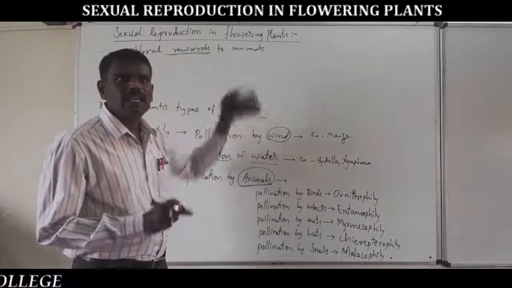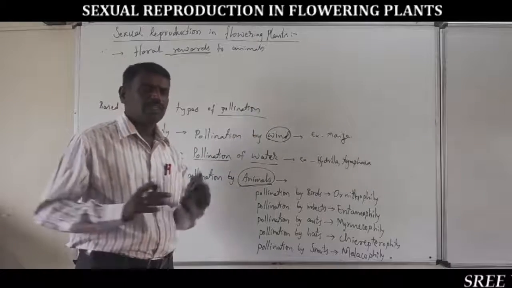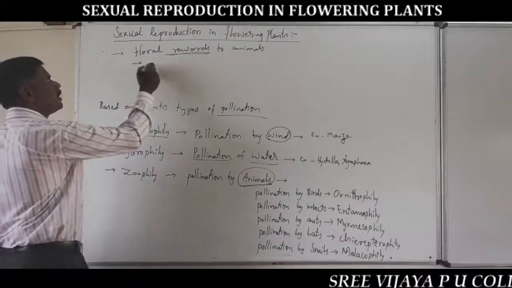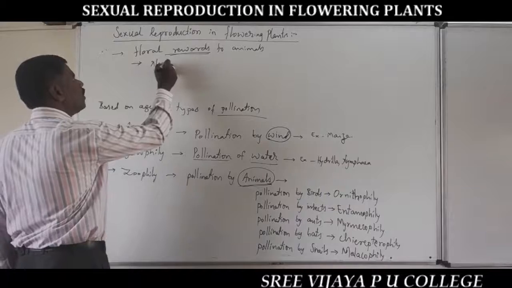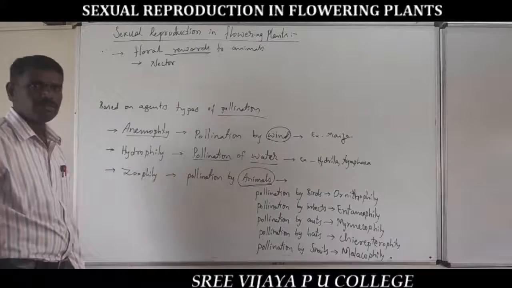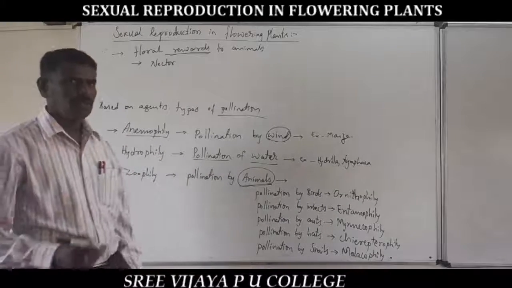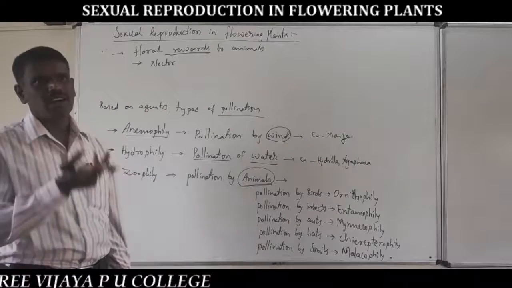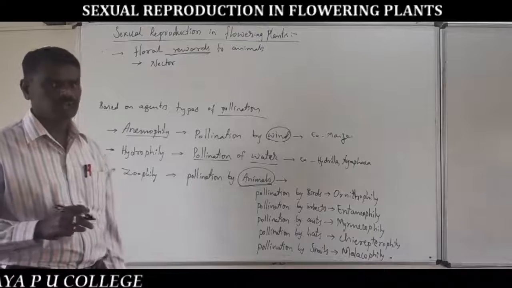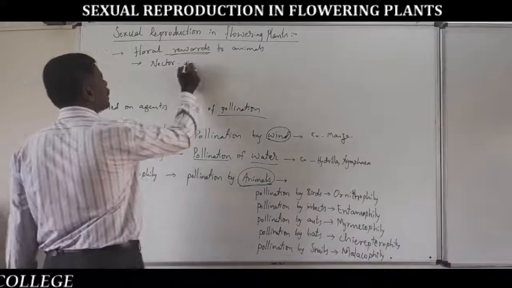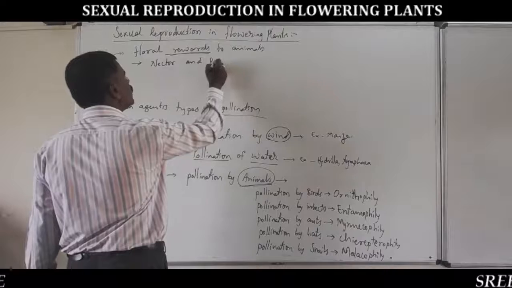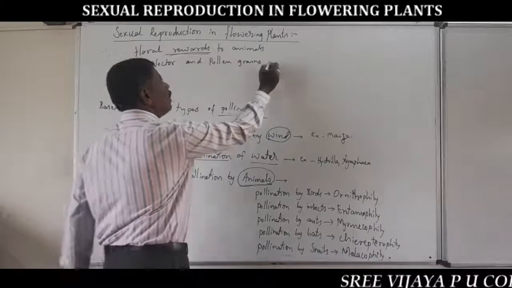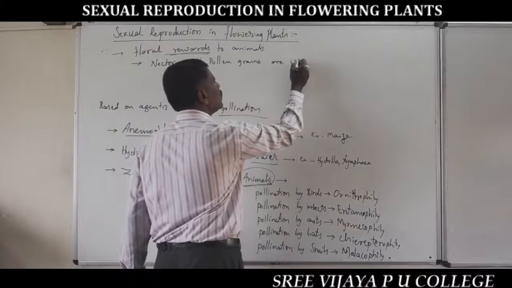There are two important floral rewards, because most insects and animals visit the flower to suck the nectar, as in entomophilous flowers. So nectar and pollen grains are the usual rewards.